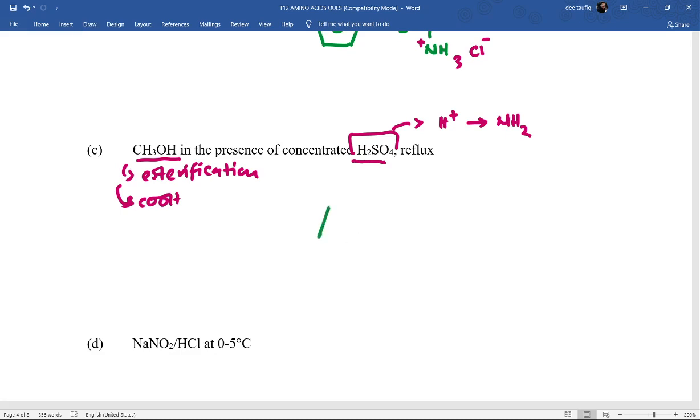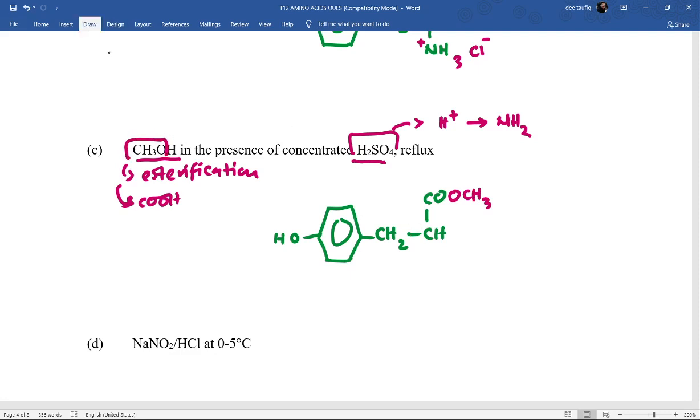First, our benzene ring and phenol are not affected, CH2, CH. Then our carboxylic acid group becomes an ester, OCH3. So this comes from the methanol, OCH3. Right? And then our NH2 will become NH3 with positive charge.